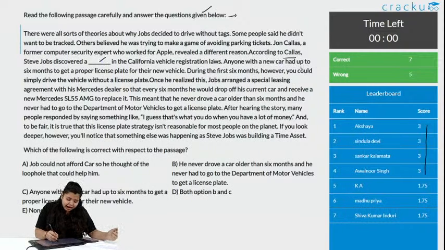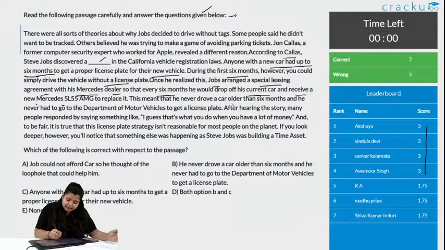Anyone with a new car had up to 6 months to get a proper license plate for their new vehicle. During this first 6 months, however, you could simply drive the vehicle without a license plate. Once he realized this, Jobs arranged a special leasing agreement with his Mercedes dealer so that every 6 months he would drop off his current car and receive a new Mercedes SL55 AMG to replace it.